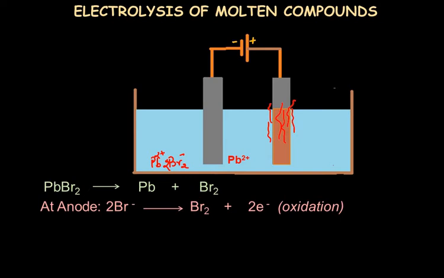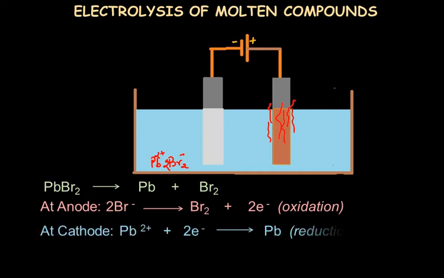Now what about the lead ions? Lead ions move towards the cathode, and the electrons from the battery or the power supply move towards the cathode, and these electrons are gained by the lead ions to form lead metal. Lead metal is a silvery metal, so it will be seen as a silvery deposit on the cathode.